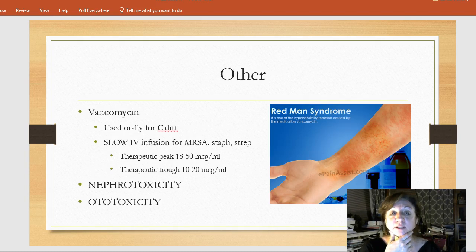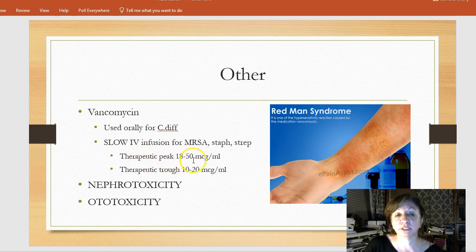antimicrobials. Vancomycin, this one is used for C. diff or MRSA. This is one of the big gun ones, and we try to save this for patients who are resistant. So these would be patients who are not getting effect from the other antibiotics anymore. We give it by slow IV infusion.